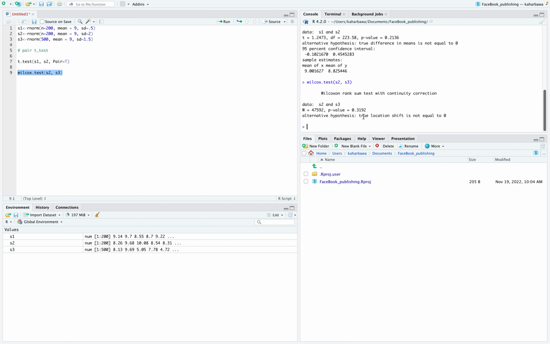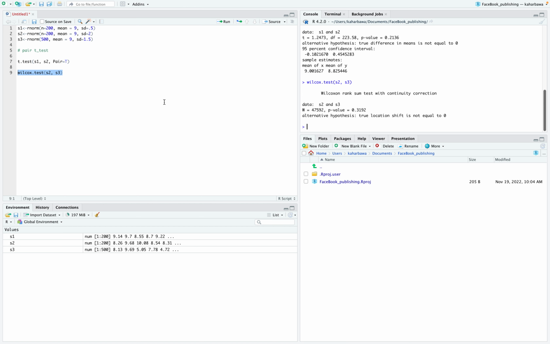Here's the Wilcoxon test. The alternative is the true location shift is not equal to 0. And clearly you see the p-value here is 0.3, which is greater than 0.05. It's not significant. So there is no significant difference between sample 2 and 3. That tells you that these three samples are statistically the same. That's what we can conclude here with our Wilcoxon test.